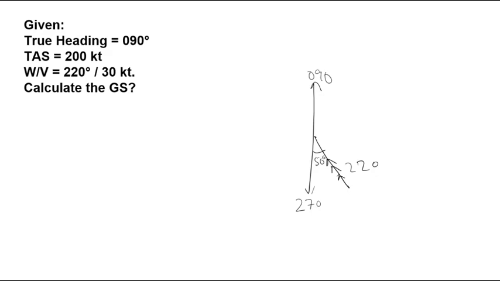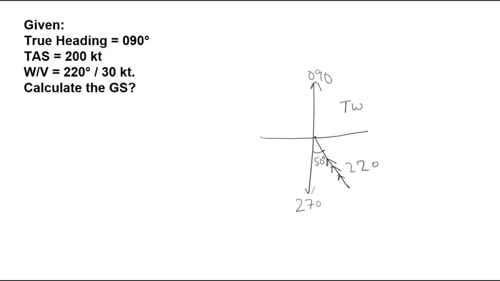Now, as we had discussed earlier, the headwind component or the tailwind component is this angle into cos of this angle into wind speed. So we have tailwind component in this case because the wind is coming from behind. Anything beyond 90 degrees will give us a tailwind component.